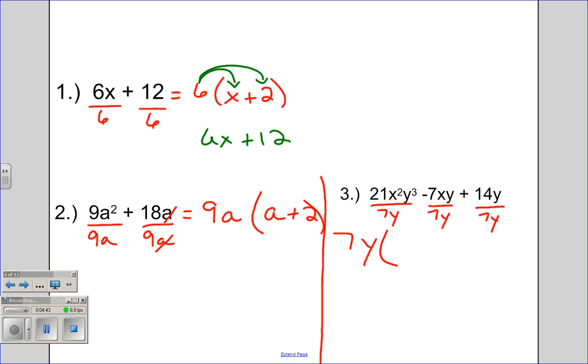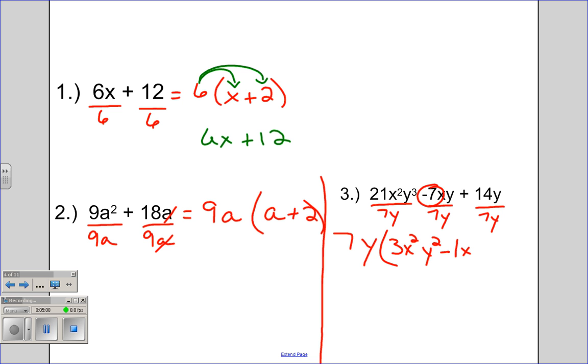21 divided by 7 is 3. And then you have an x squared. Well, you're not dividing it, so the x squared stays. And now you have y to the third divided by y. So 3 minus 1, you have y squared left. Now your middle, make sure you take the sign with it. So -7 divided by 7 is a -1.